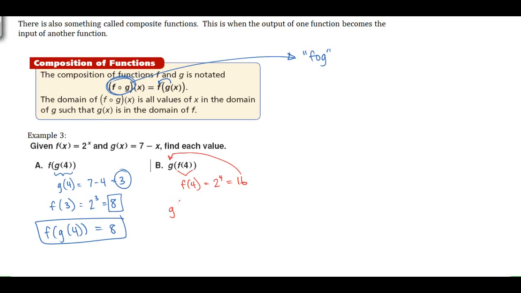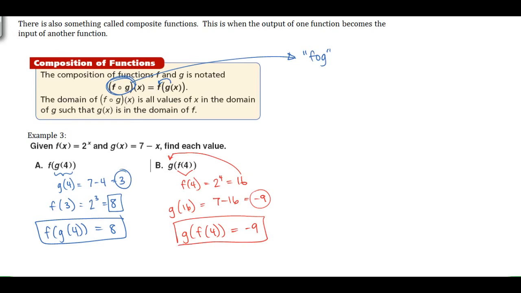So I will do g of 16, which is 7 minus 16, which I believe is negative 9. And there is my final answer, negative 9. So g of f of 4 is equal to negative 9, and that is my final answer.